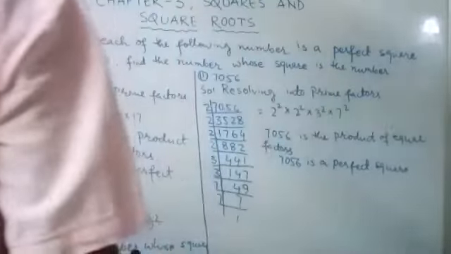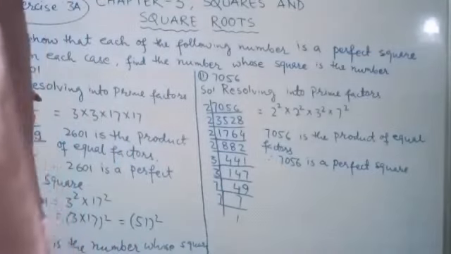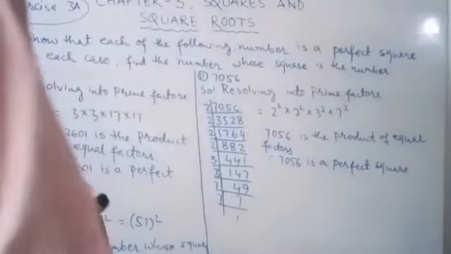Therefore 7056 is a perfect square. Now we have to find out the number whose square is 7056.